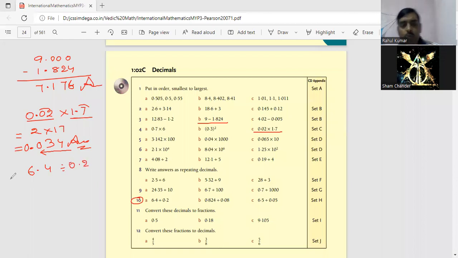Now see, for doing the division of decimals, as I said in the previous class, you need to remove the decimal first. Convert this into a fraction. So, can you convert 6 decimal 4 into a fraction?